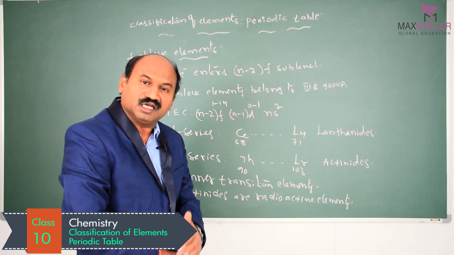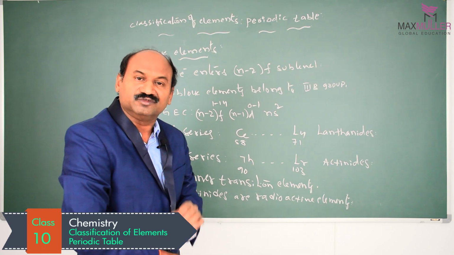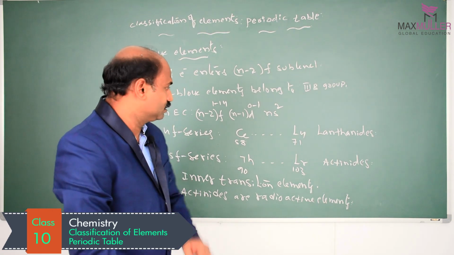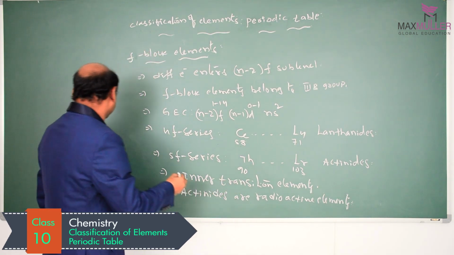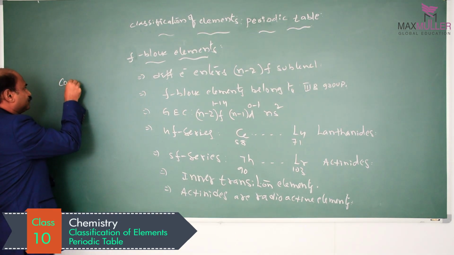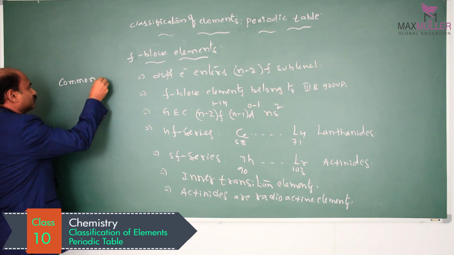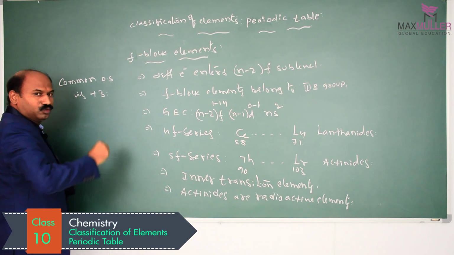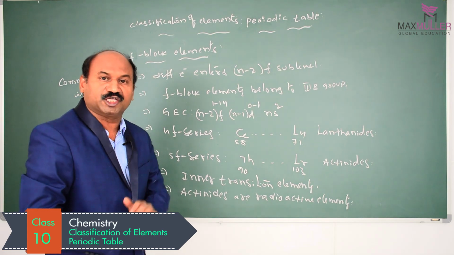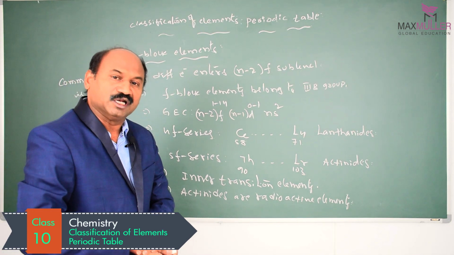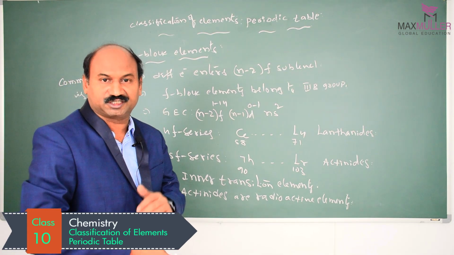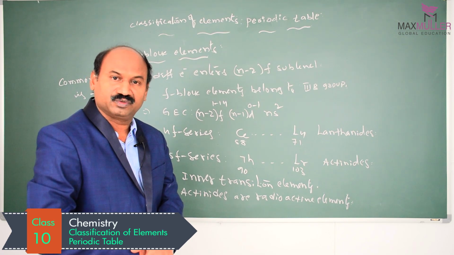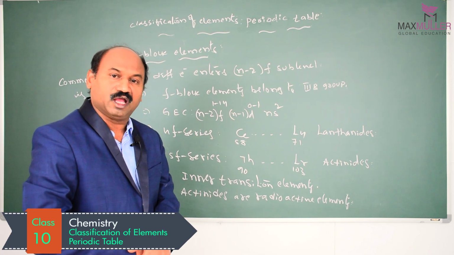What is the common valency exhibited by these elements? That is +3. The common oxidation state is +3. So almost all these elements commonly exhibit the +3 oxidation state. So these are the properties of f block elements.